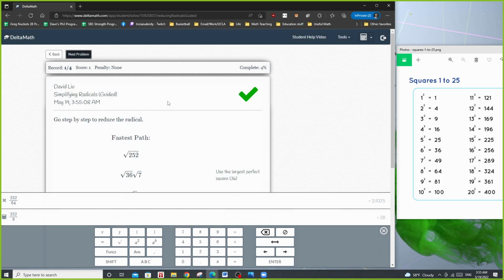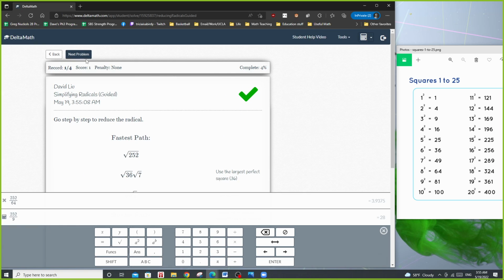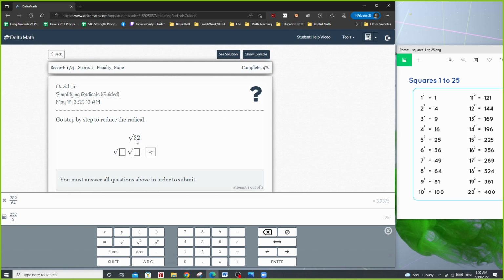Let's do one more. And this shows us the fastest path and the slowest path. So I'm going to choose one to divide by. Here's one hint, okay? If it is a perfect square, you are done. If it is not a perfect square, the biggest number you can divide by is half of your number.